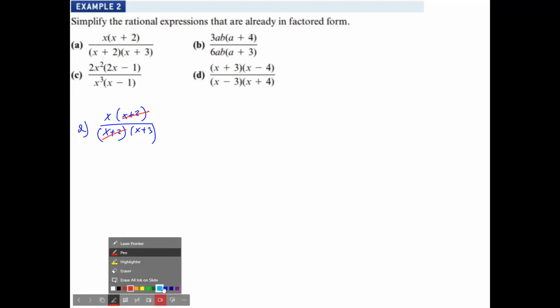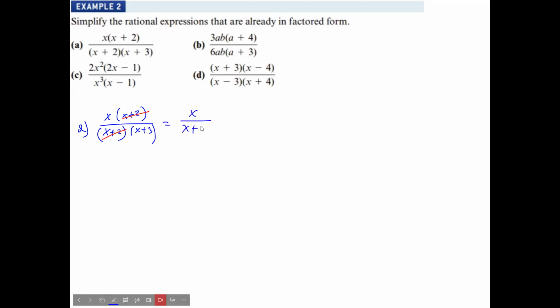The only thing we have to say is that x is not equal to minus 2. Otherwise, we will divide by 0. For all other x's, it's good.